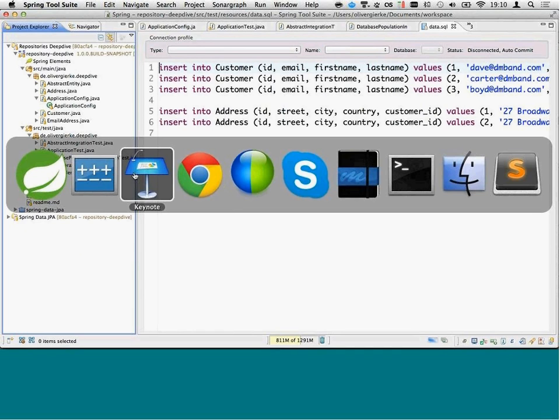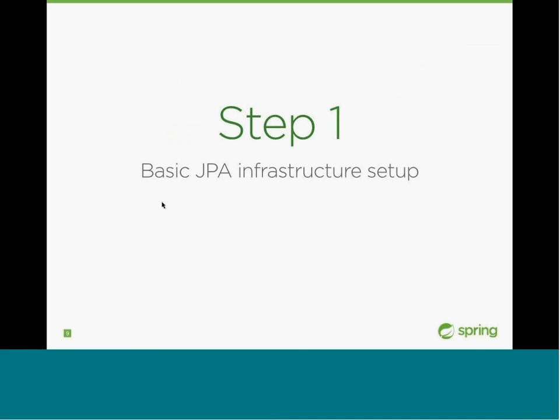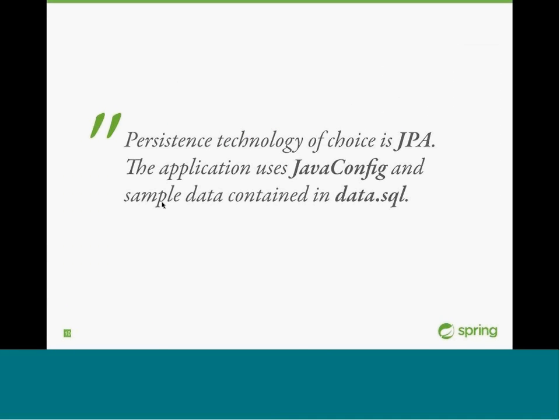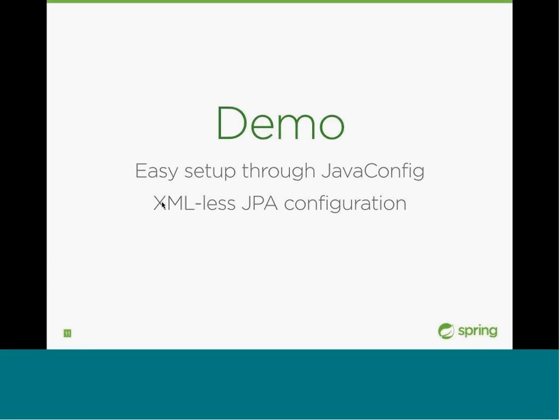All right, that's actually it for that, right? That's what we've just seen effectively. So we're using Java config, and we have some sample data here. So you've seen that that's been quite easy. We didn't have to configure anything specifically.